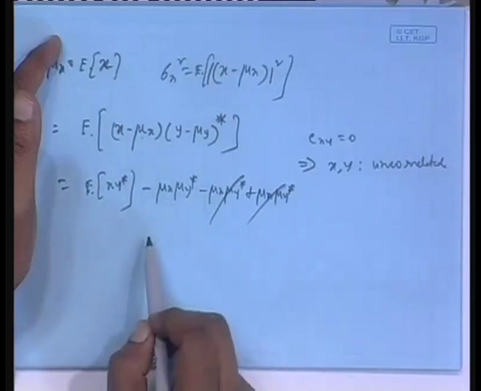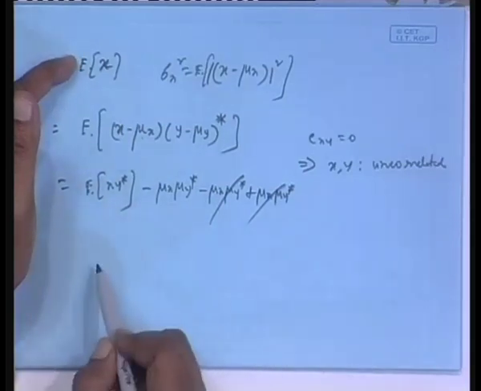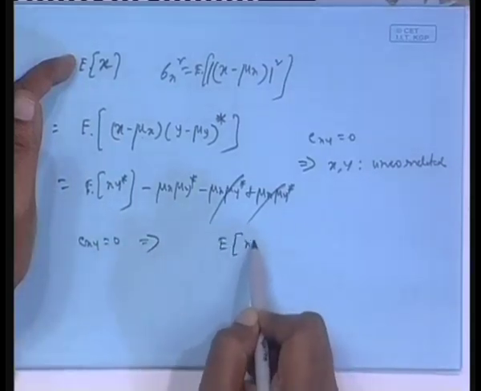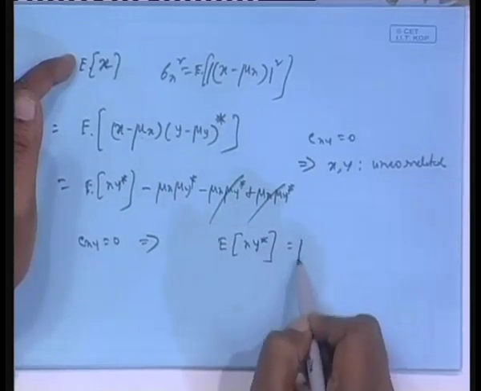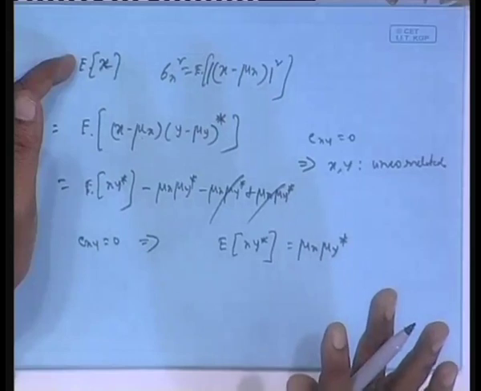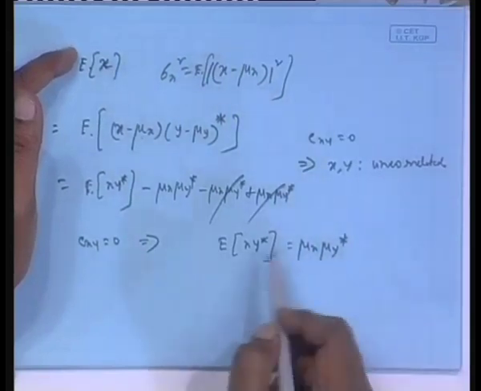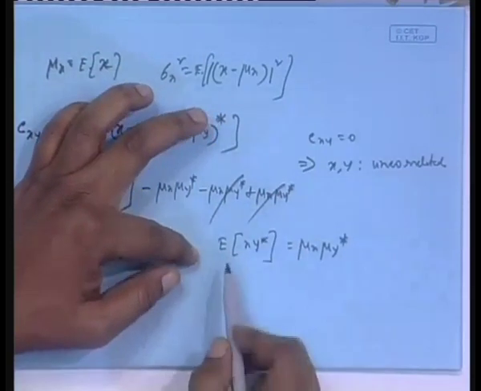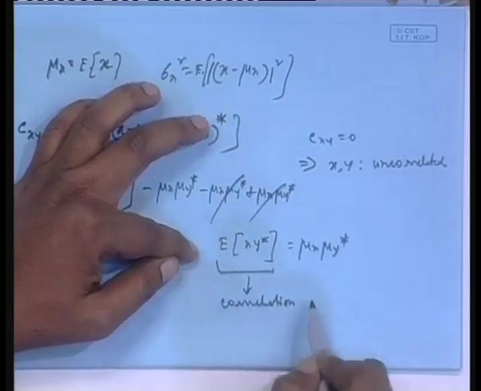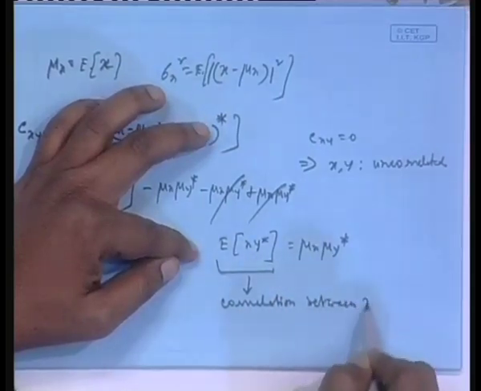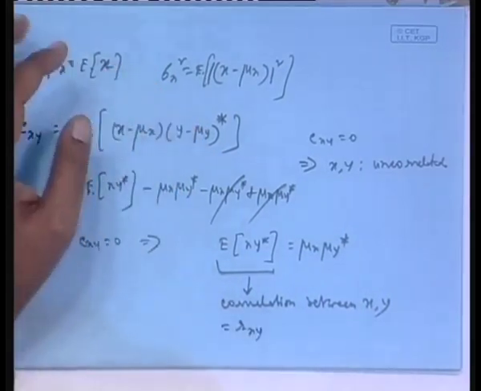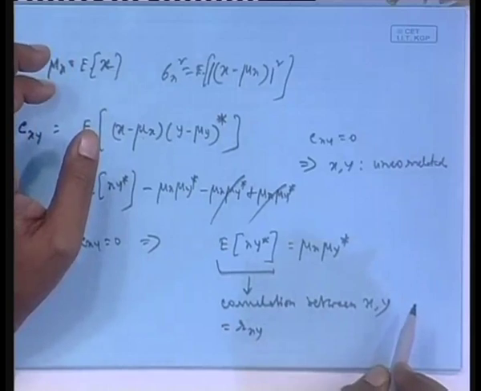So if this is 0, that is if x and y are uncorrelated, C x y is 0, which implies E of x y star, this is called the correlation between x and y, denoted as R x y.